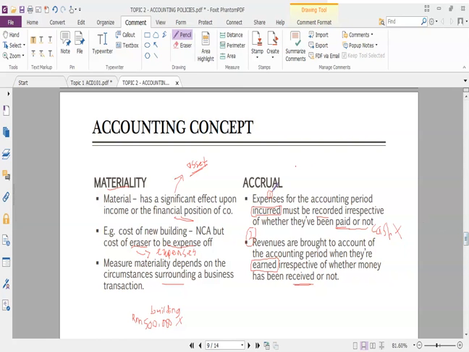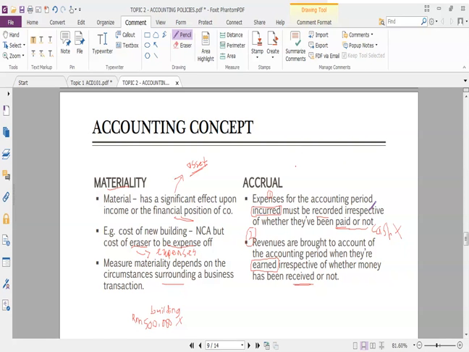So let's look at the accrual concept, expenses for the accounting period. What is the accrual concept about? Expenses for the accounting period incurred must be recorded irrespective of whether they have been paid or not. So in accounting, we should record not only the amounts that we already paid or already received.